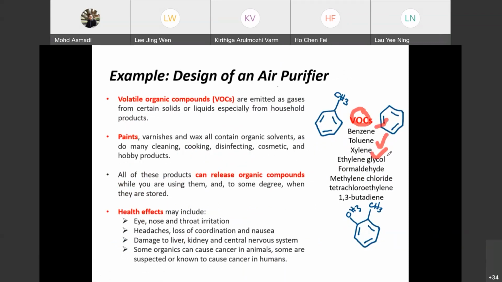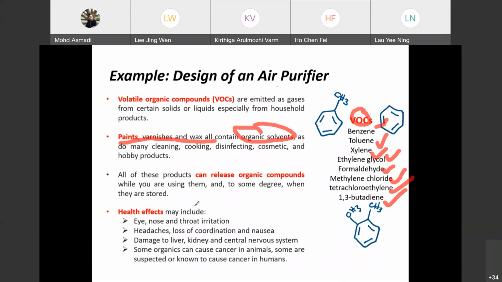Toluene, xylene, ethylene glycol, formaldehyde, methylene chloride, tetrachloroethylene, and 1,3-butadiene. Paint and varnish and wax contain organic solvents. Especially paint for a very old house, the content of VOC can be very high. So all these products can release organic compounds.